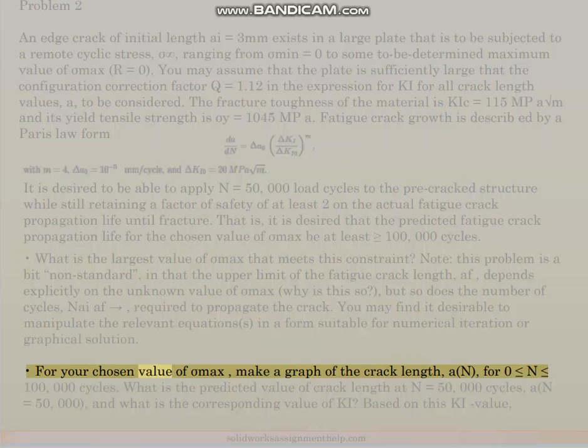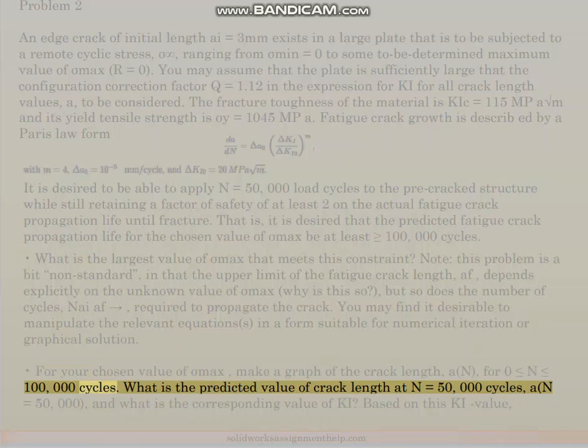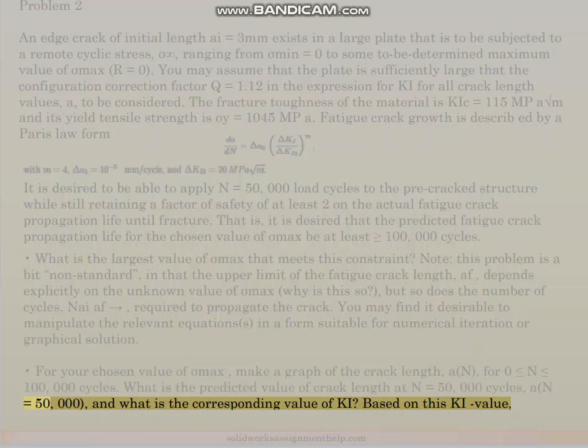For your chosen value of sigma max, make a graph of the crack length a(N) for 0 less than or equal to N less than or equal to 100,000 cycles. What is the predicted value of crack length at N equals 50,000 cycles, a(N equals 50,000), and what is the corresponding value of Ki?